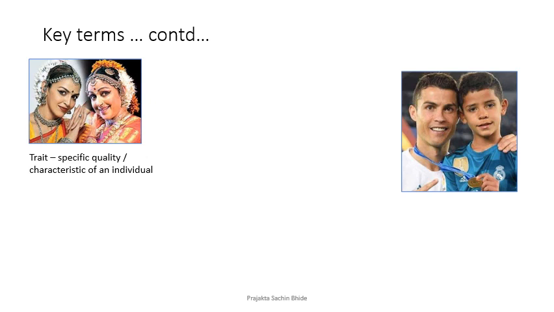Famous personality once again. Yes, again, see the difference. This is the football player Ronaldo with his child Ronaldo Jr. Although there is certain similarity seen in their faces, there is some little bit of difference that you can always make out, and that is because of variation.